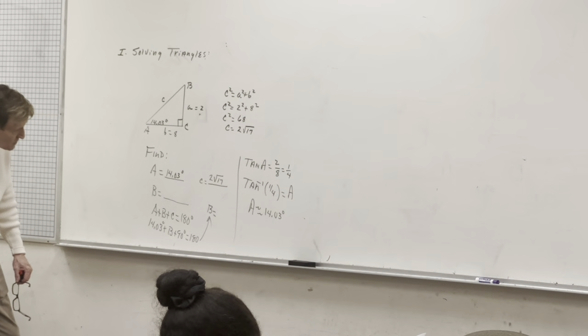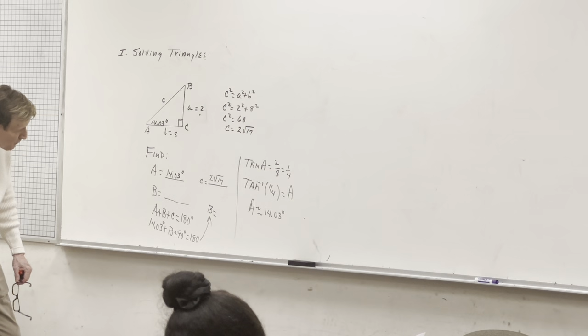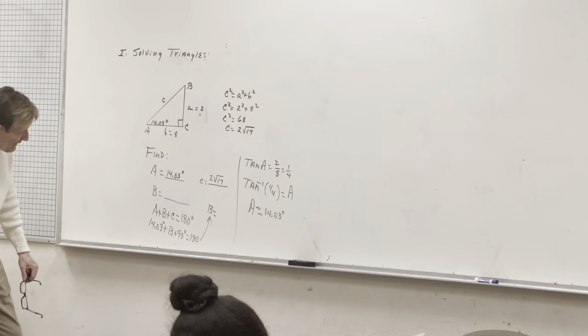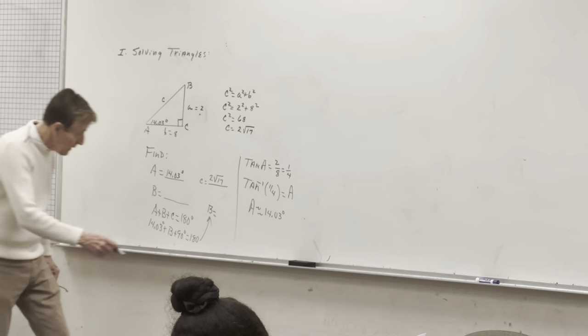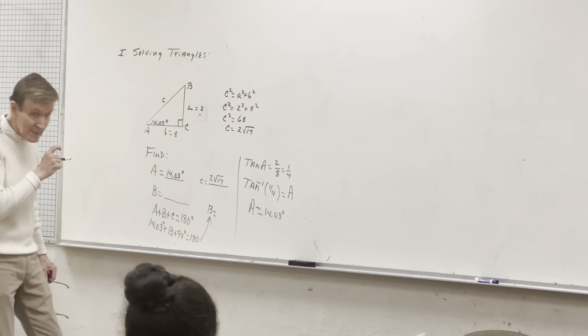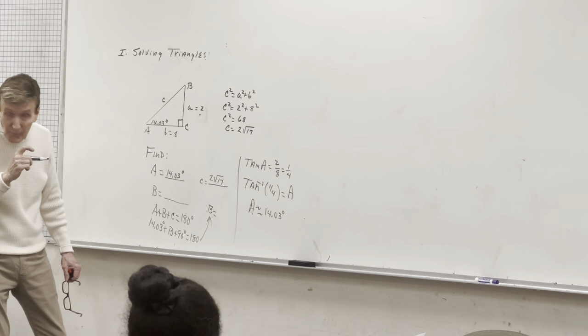180 subtract, June, tell me what 180 subtract 104.03 gives me. What does that angle be finally? 75.97. Is it 75 something? 0.97. Oh, you've already got it. Hang on. Did you say 175? No, 75.97.